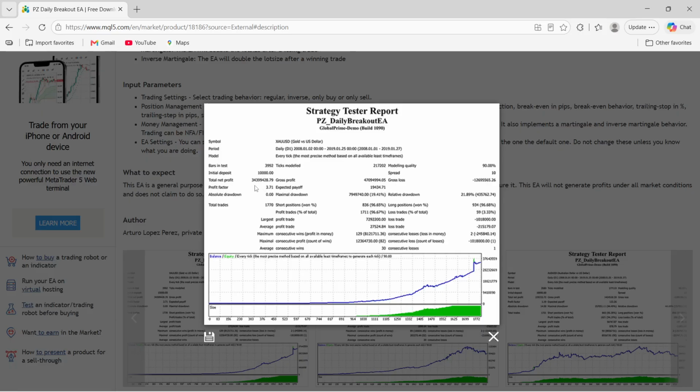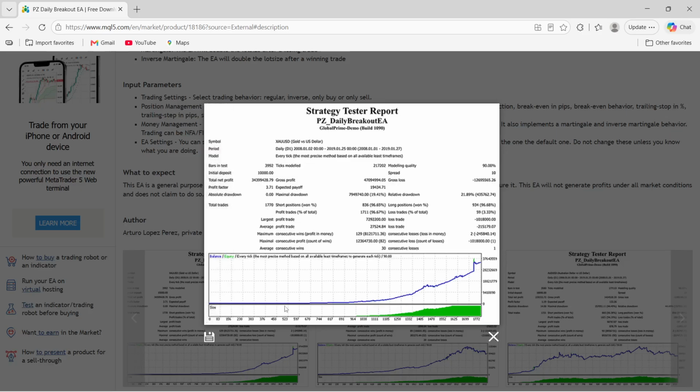So he had 34,399,428 as the total net profit. The profit factor over the period was 3.71, which is quite nice, and the drawdown was 19.41%. You can see the total trades taken were 1,770.